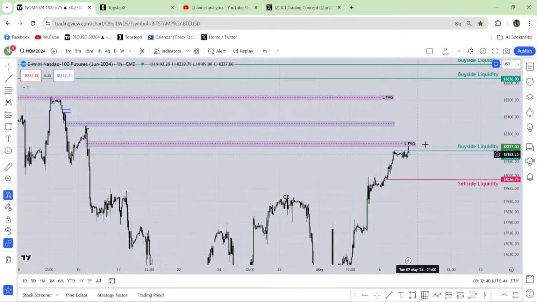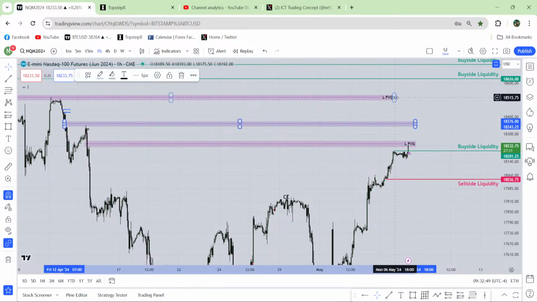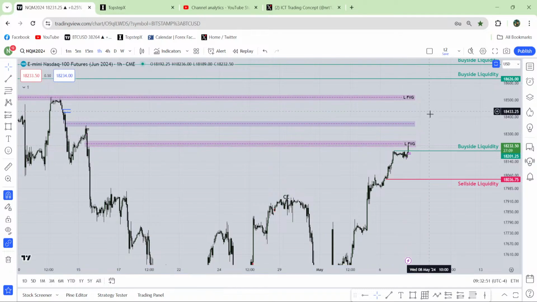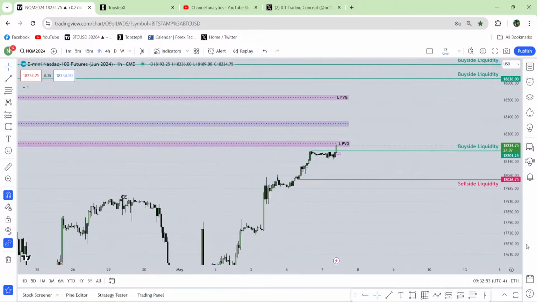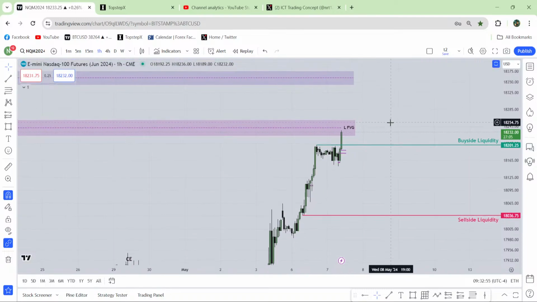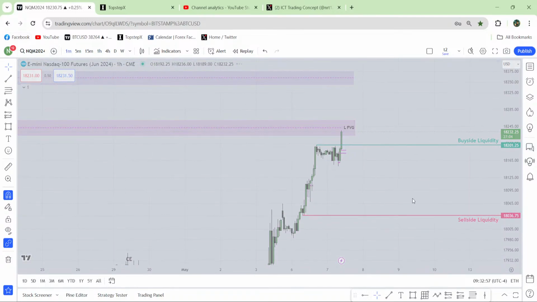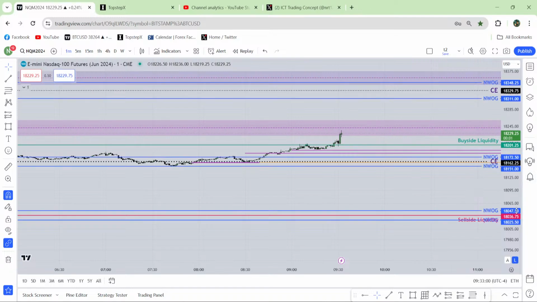So price came here to the last parabolic gap from the hourly chart. You can see here, I have this parabolic gap from the hourly chart and this parabolic gap. Let me stay in the 1-minute chart. I would love to see how far it can reach.